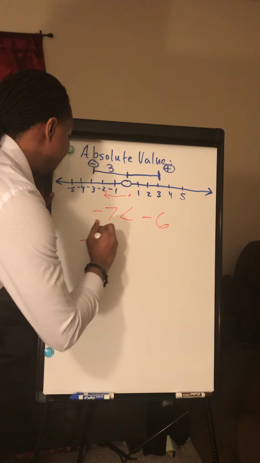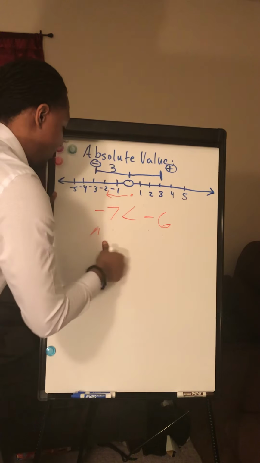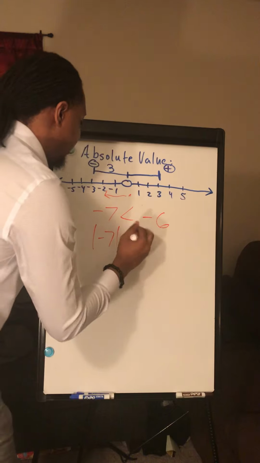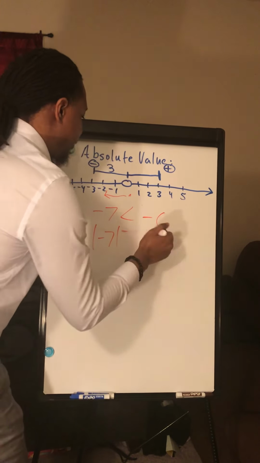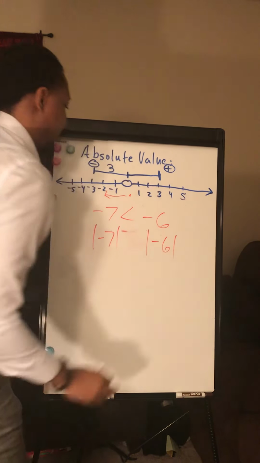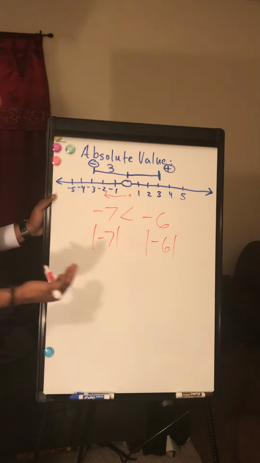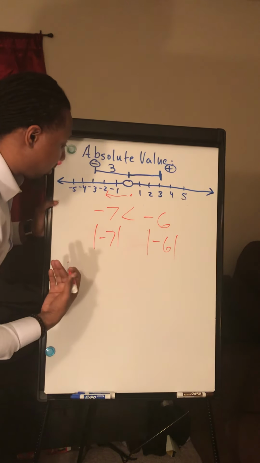However, what about the absolute values of these 2 quantities? The absolute value of negative 7 versus the absolute value of negative 6. Is this equal, less than, or greater than? What is the relationship between the 2?